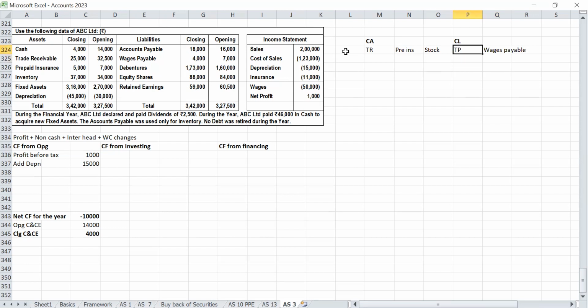So what is the closing figure? What is the opening figure? Closing figure is 32,500, sir. Trade receivable, okay, 25,000. Insurance is 5,000 and then 37,000.